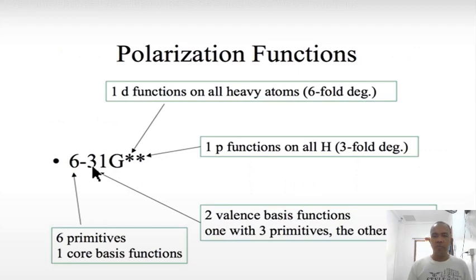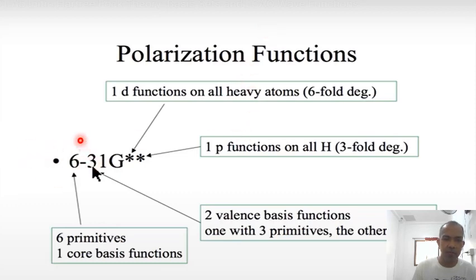So, polarization functions. Now the basis sets go on to include other things. So here is the basis that Pople designed, 6-31G. That is different from 3-21G in that core orbitals are now contracted to six primitives.